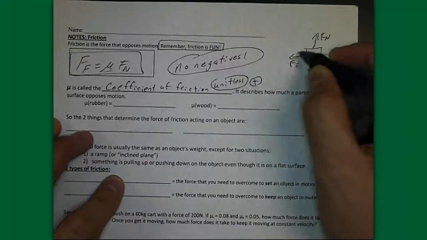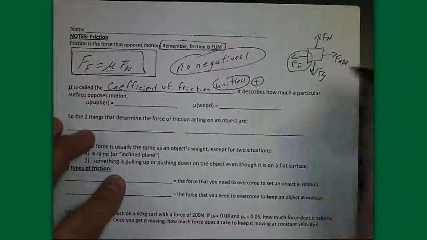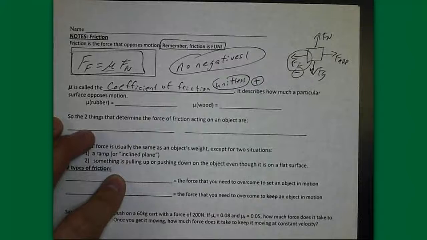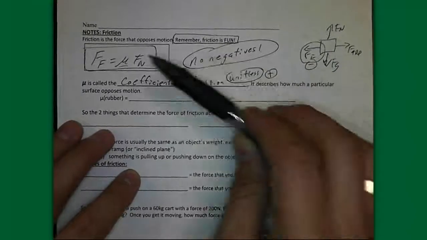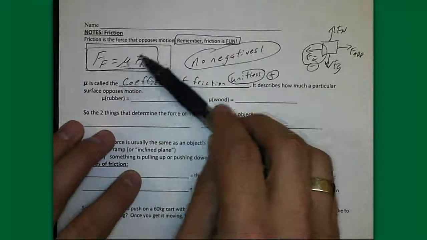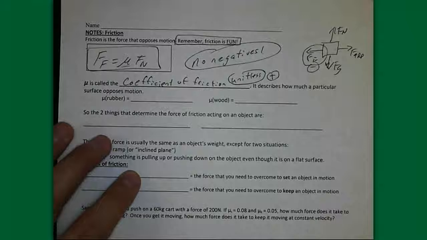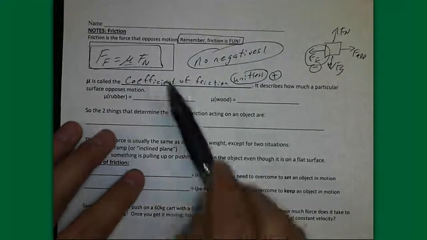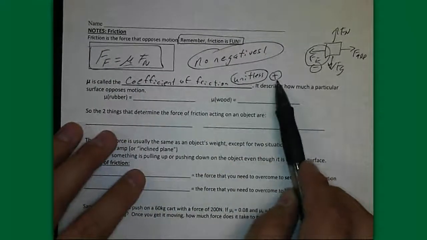And a lot of times we draw friction going to the left, which means it's negative. And even though friction is negative for sigma F equals ma, and negative for a free body diagram, don't worry about putting the negative into this equation because we're just concerned about magnitude here. Reason is because the coefficient of friction needs to be positive.